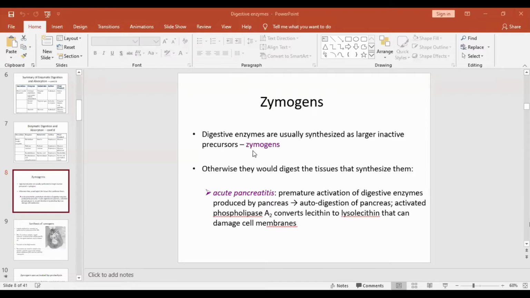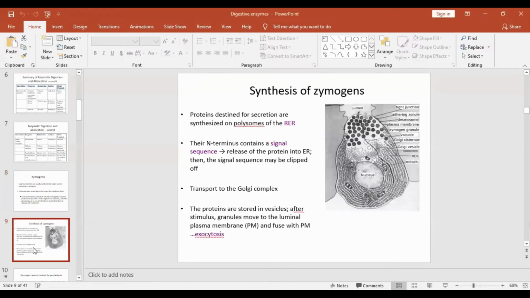Because active digestive enzymes may digest the tissue or cells which synthesize them, this is called autodigestion. To prevent autodigestion, it becomes necessary for zymogens to be synthesized in their inactive form. So that is about the synthesis of zymogens.